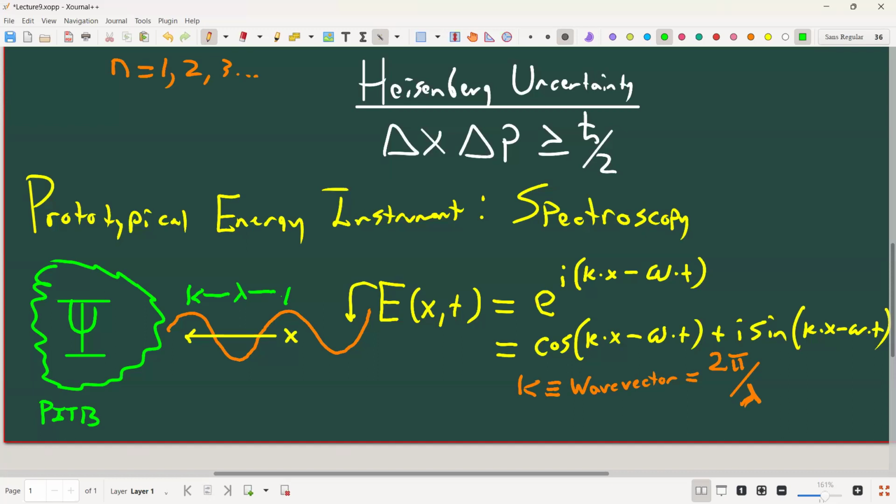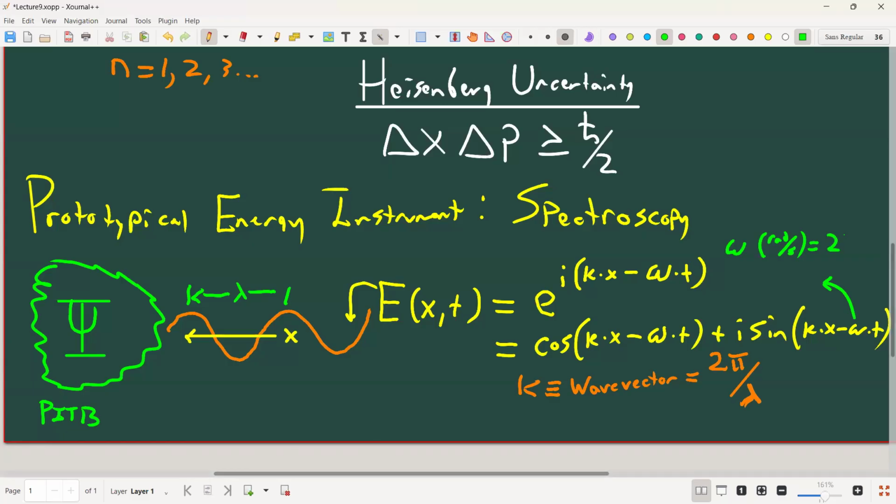And then we also have this omega. Omega is the temporal variation in the sine wave. And so we can always relate omega to lambda if we want. Remember that omega is how many radians it spans per second.